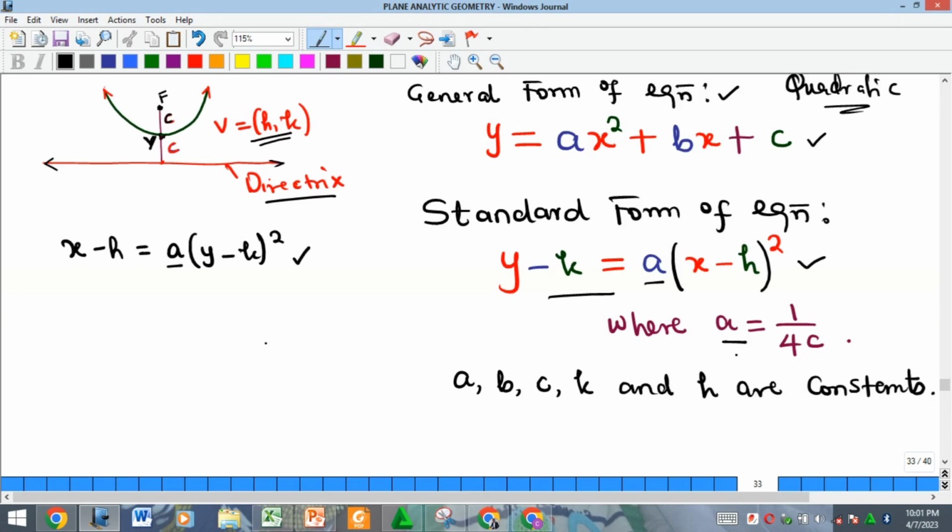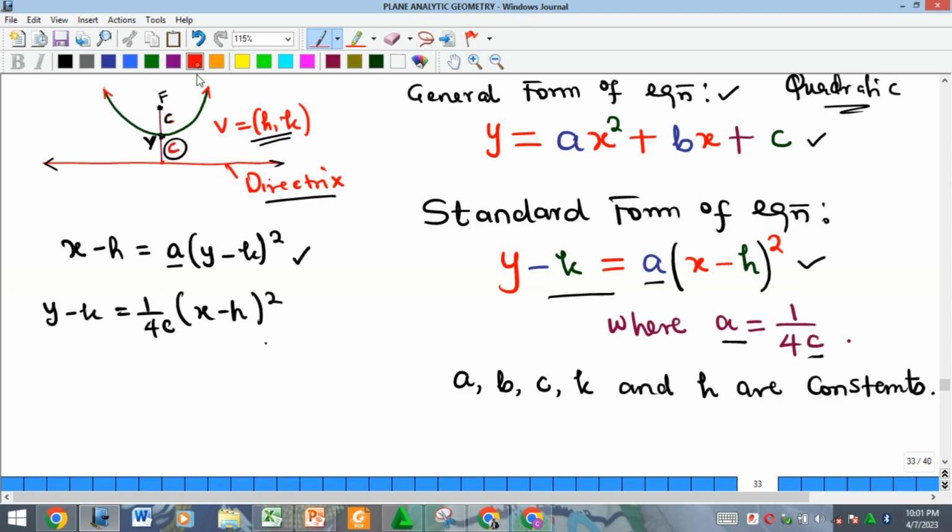Remember here I said that a is equal to 1 over 4c, and this c is the c that is found in this diagram here. From here, if I substitute that, I'm going to get y − k = (1/4c)(x − h)².